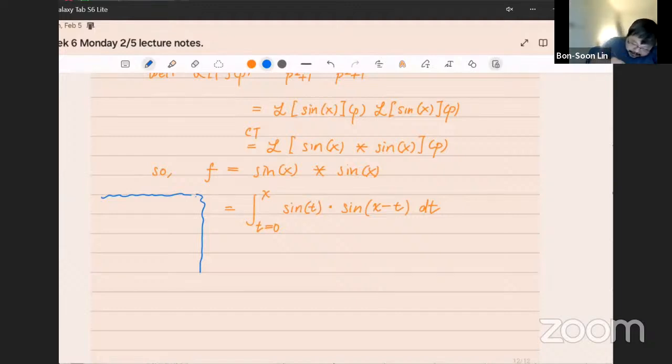You can definitely figure all these out. But just to remind you, sine A sine B is equal to 1/2 of cosine of A minus B minus cosine of A plus B. Okay.